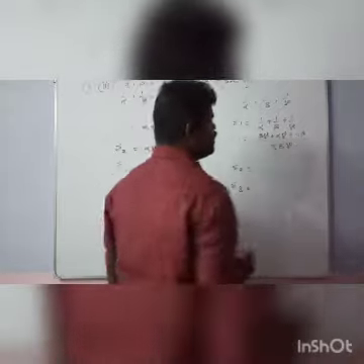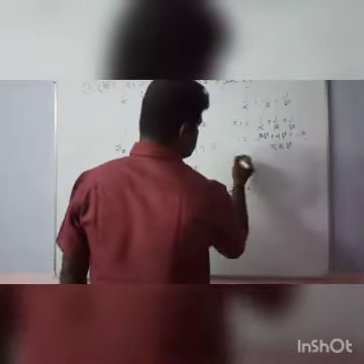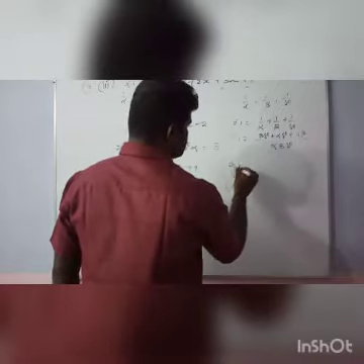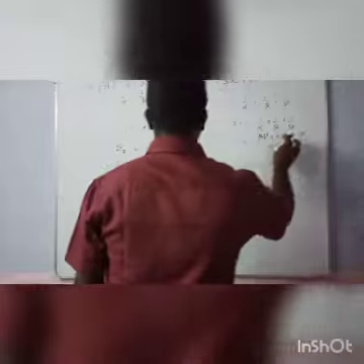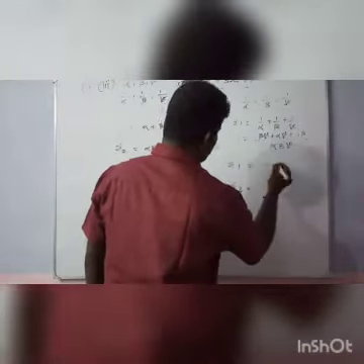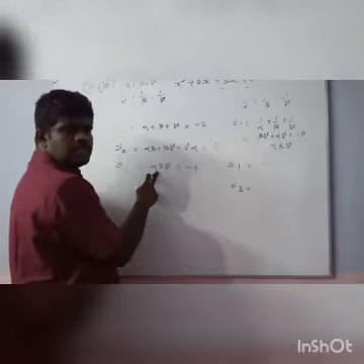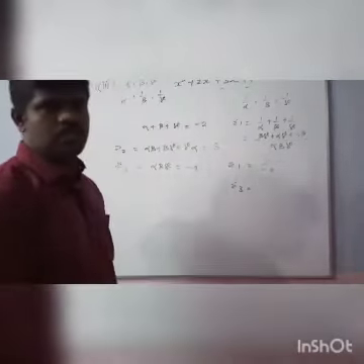So summation 1 is equal to (alpha beta plus beta gamma plus alpha gamma) divided by alpha beta gamma. What is the value? 3 by alpha beta gamma, which means minus 4. So summation 1 value is this one.